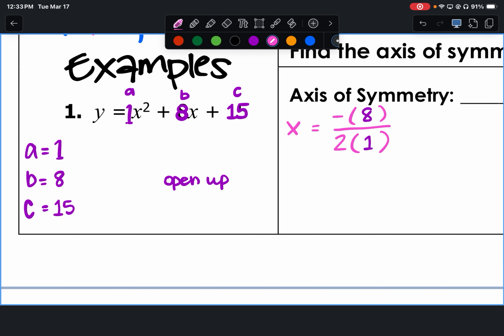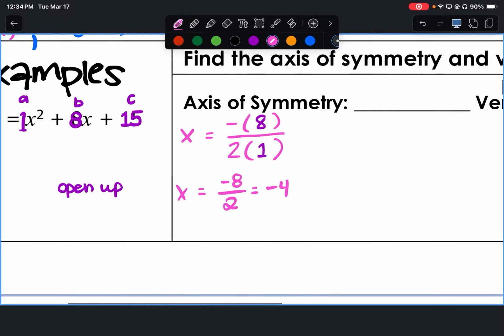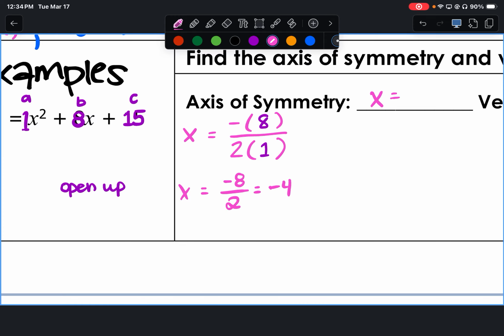The numerator is -8, divided by 2 times 1, which is 2. What is negative 8 divided by 2? -4. So our axis of symmetry is x is equal to -4. And you have to put the x equals there because it's a line. Otherwise, you're not writing a line.